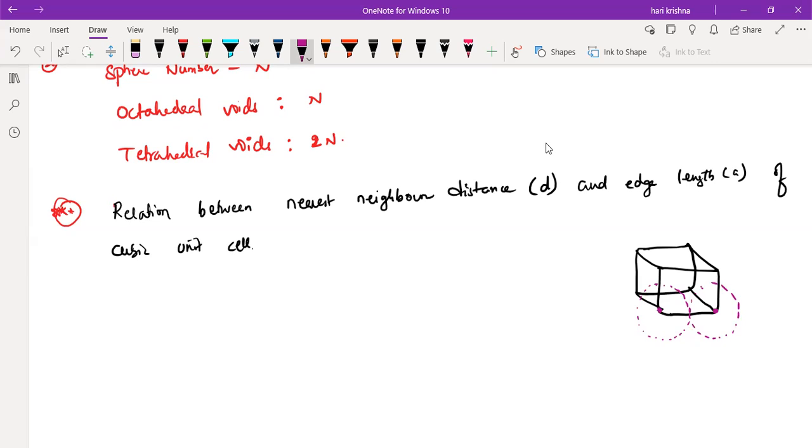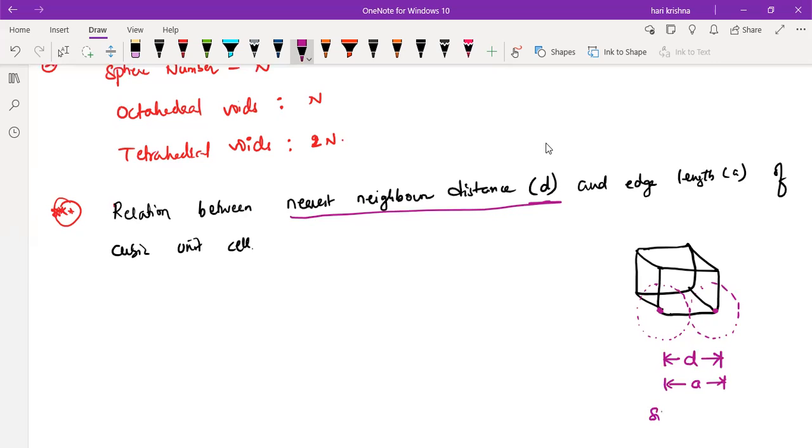So they're asking the relationship of the nearest neighbor distance. They're asking the distance D. So the nearest neighbor distance is nothing but the D value, the distance between the centers of the two atoms. So from here to here. In the case of a simple cube, these are the two atoms and these are the two nuclei of the atoms. So D is nothing but the A value only, right? That is the edge length only, right?